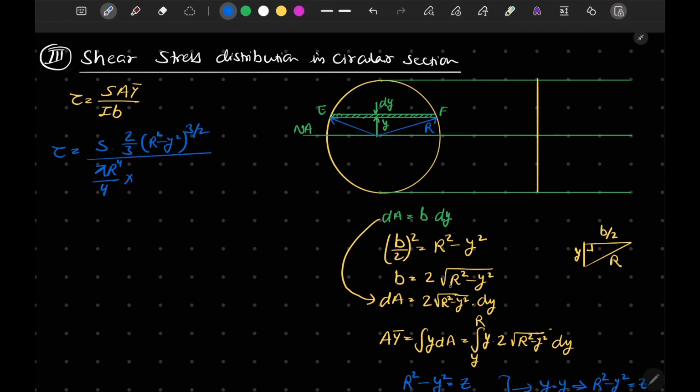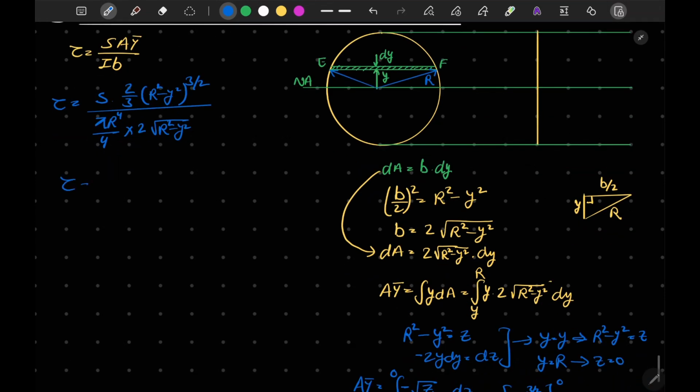Our b I have calculated here is 2 times the square root of R² minus y². So from here I obtain tau is equal to 4S by 3πR⁴ times (R² minus y²).